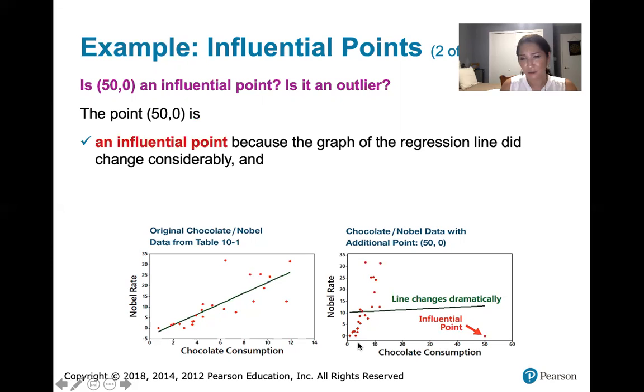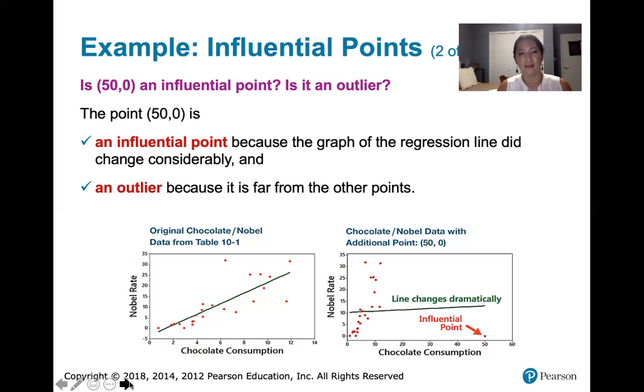To have a single country where you have 50 kilograms per capita of chocolate consumed, but then absolutely no Nobel laureates, or at least a Nobel laureate rate that is so small that we're calling it 0, that's definitely an outlier. And just looking at the graph, even if we didn't know what those numbers represented, we can see that all the rest of the points are over here, and this point is over here. So it is an influential point because it changes the regression line, but that point is also an outlier because it is lying far away from all of the other points.